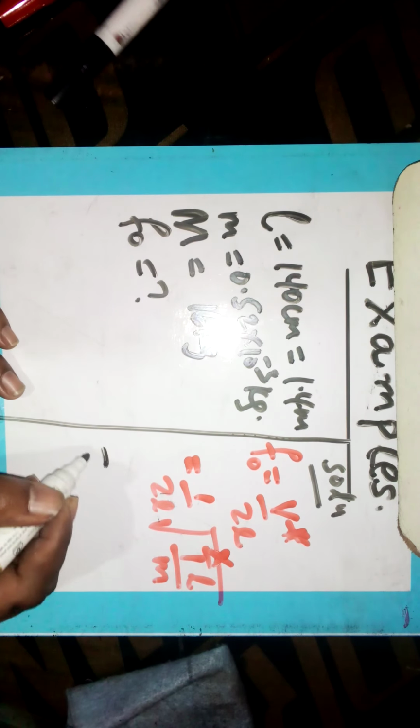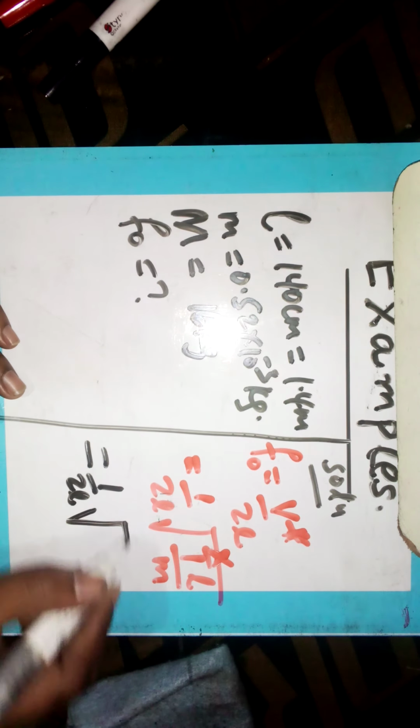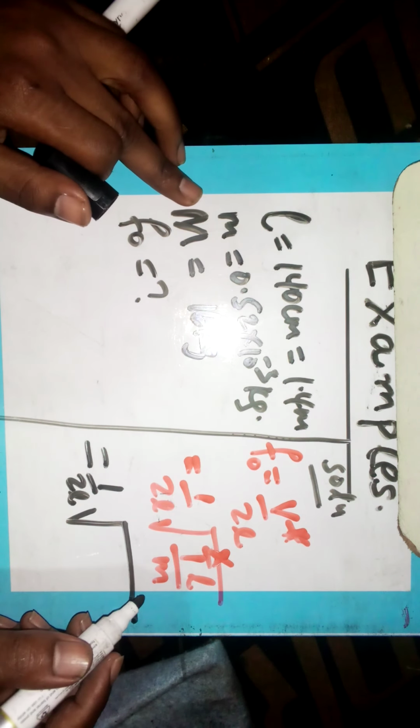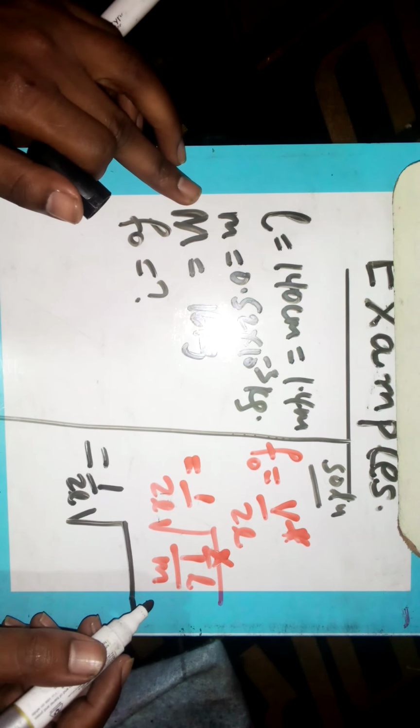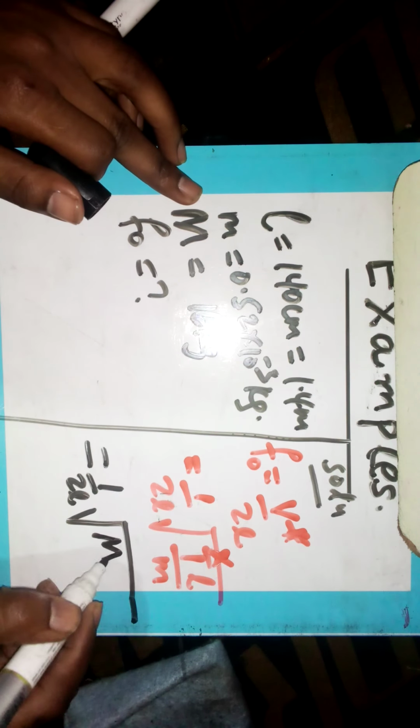Therefore, the fundamental frequency will be equal to 1 over 2L times the square root of, we don't have tension, but we have the mass which will bring about tension. Therefore, we're going to use M capital.